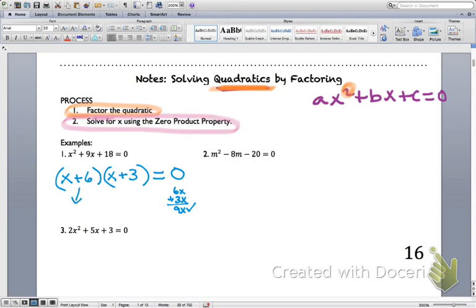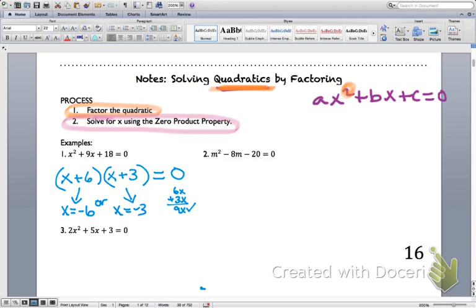What number plus 6 equals 0? So my answer is going to be -6. Same thing for the other one, just like we did earlier. What number plus 3 gives me 0? So the number is going to be -3. So my answers are either -6 or -3.